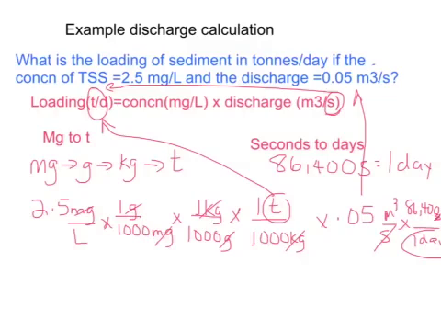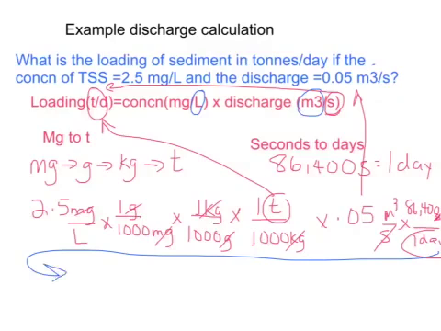And then I have everything left over but I'm just going to change colors here. I have liters and I have cubic meters that I need to get rid of. So I'm just going to continue this formula down here, and I want to get rid of my liters, which are on the bottom, right there.